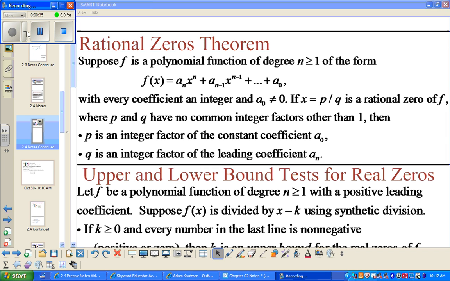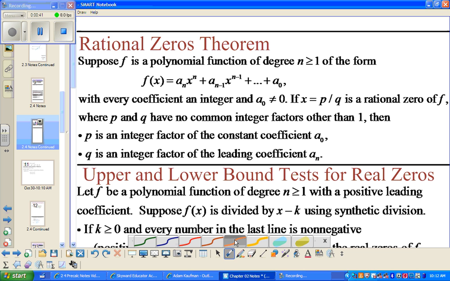So first of all, the rational zeros theorem basically describes how to find what could be rational zeros of your polynomial function. So in finding the possible rational zeros, we're basically finding potential factors of whatever function we're dealing with.